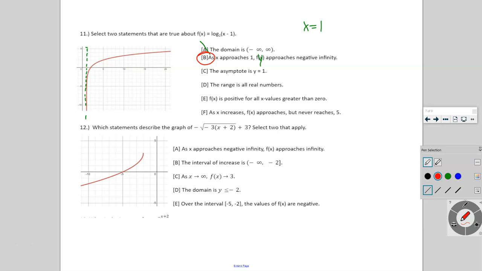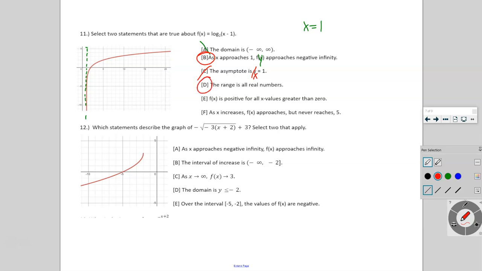C: my asymptote is at y equals 1. It is not correct because an asymptote here does not cross the y-axis, it crosses the x-axis. D: the range is all real numbers. That is correct because range is our y-axis and it does go up and down freely. So this is a correct statement.